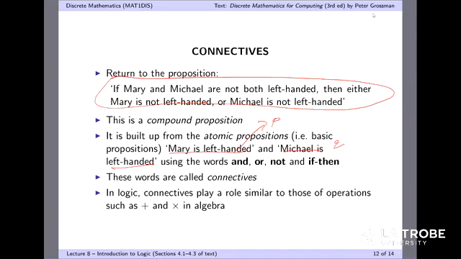So you're saying Michael is left-handed, Mary is left-handed, and Michael is left-handed, but not. Okay, so what would that imply? Okay.